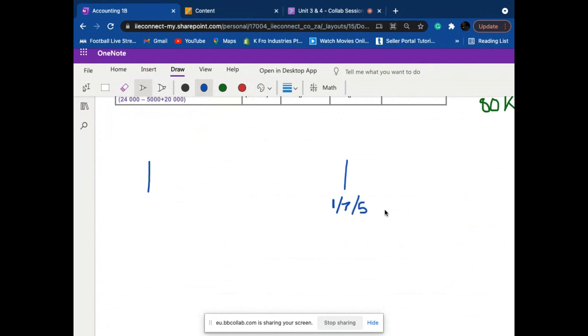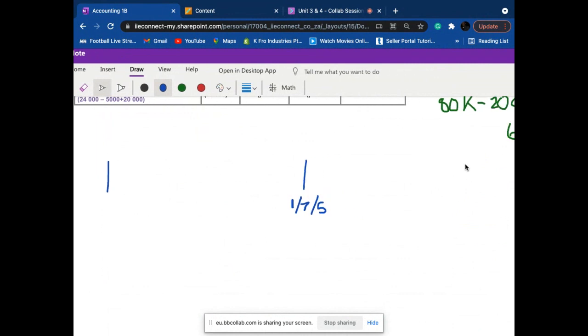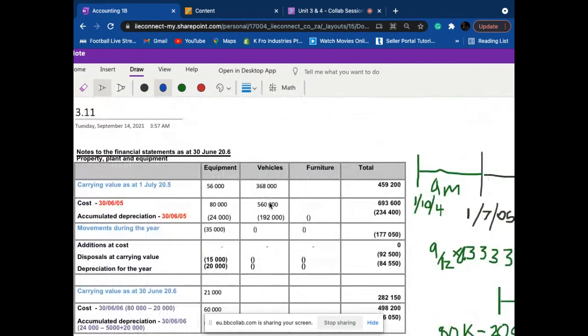Okay. And we know that the end of our financial year is 30 June. But again, our information that they gave us in terms of the balances was 30 June 2005. So we know that within this 560, the vehicle that we sold is included there.